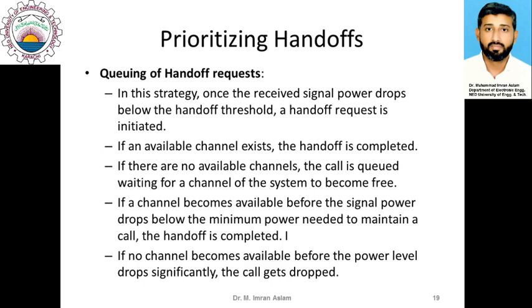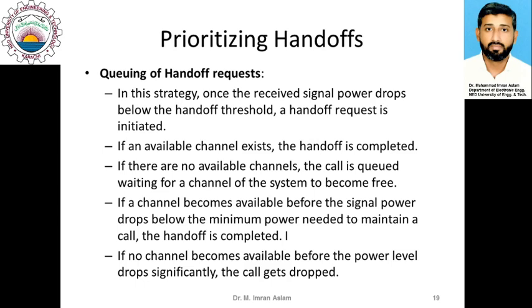In this strategy, once the received signal drops below the handoff threshold, a handoff request is initiated. If a channel is available, the handoff is completed. But if a channel is not available, the call is queued and remains associated with the original base station, and the system waits for any channel to become available.